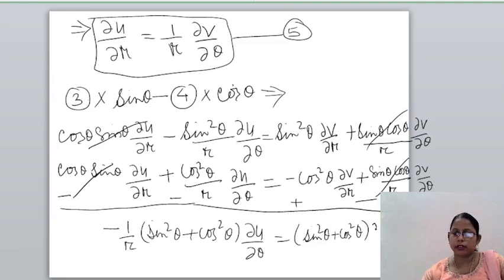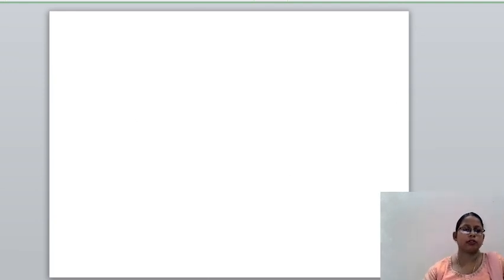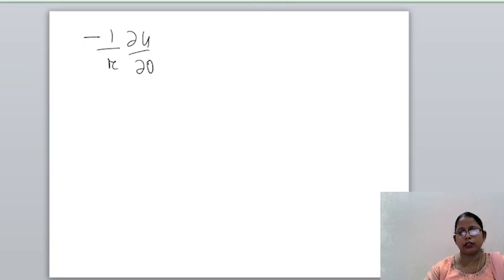Take del v by del r common. This is 1 and this is 1, so we get minus 1 by r del u by del theta equal to del v by del r.